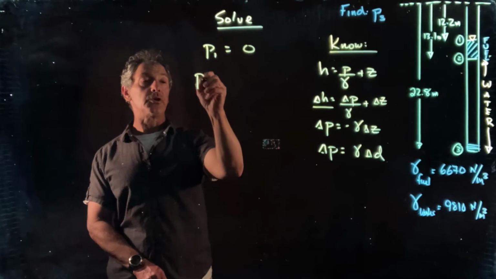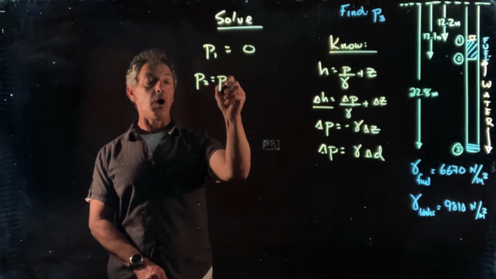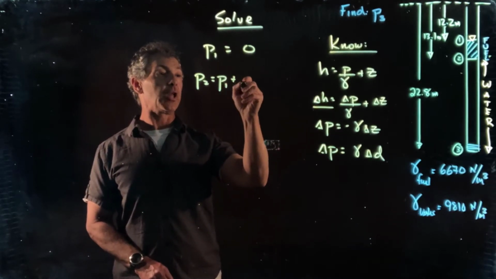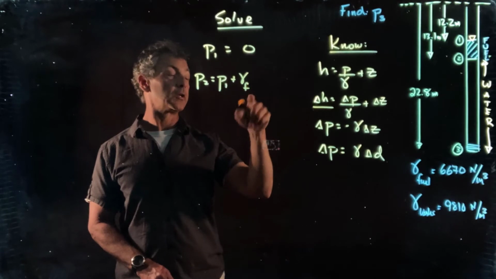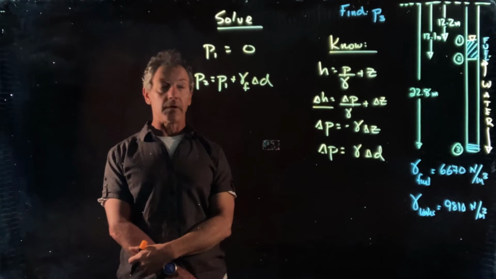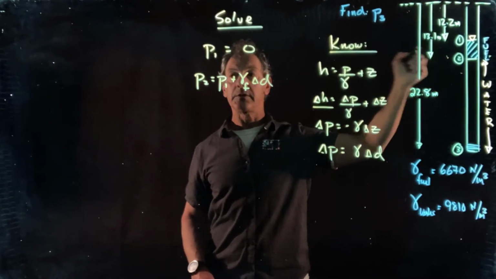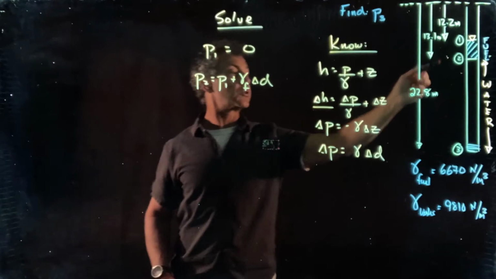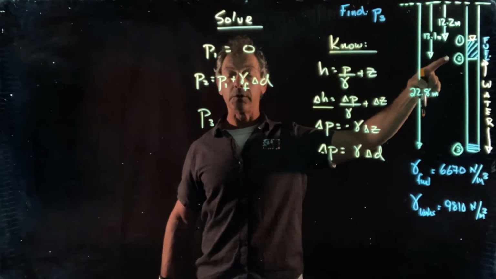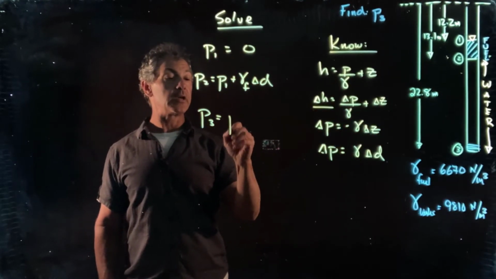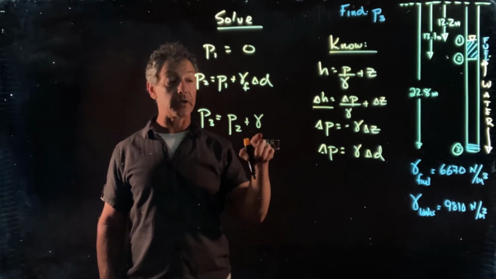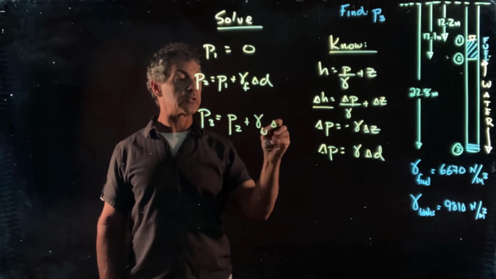The pressure at point 2 is going to be the pressure at 1 plus this change. So it's going to be plus gamma of the fuel times the change in depth. Right? So I've gone from point 1 to point 2. And then to go from point 2 to point 3, I'm going to start where I now know the pressure at point 2. So the pressure at point 3 is the pressure at point 2 plus gamma of the water times the change in depth.